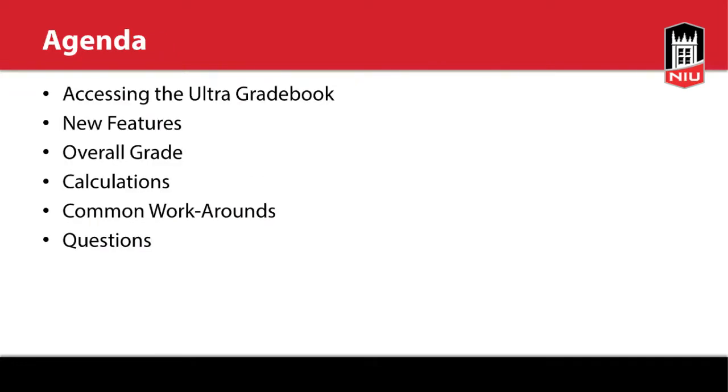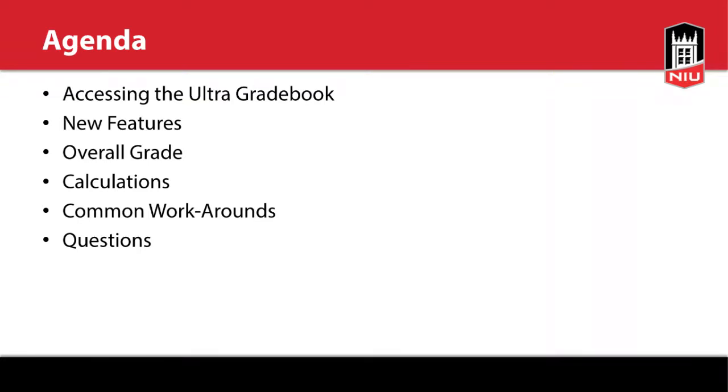All right, today what we're going to do is start by talking a little bit about accessing our Ultra Gradebook. For those of you who are new, this will just show you how to get there. And for those of you who have been working in the original course view, this is going to show you some of the changes that have happened as the result of the Ultra conversion.